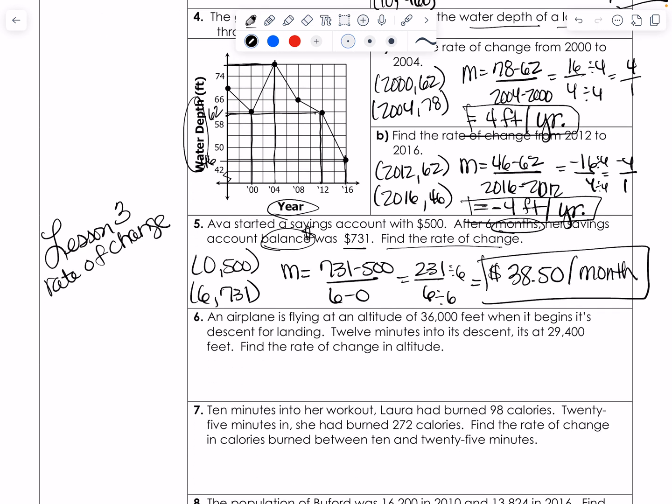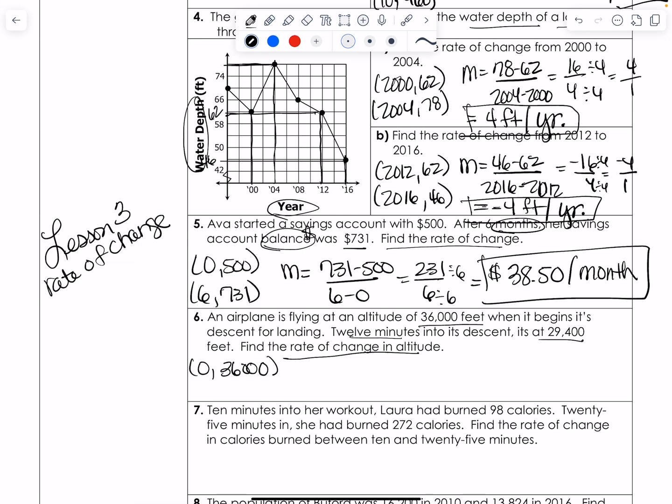Okay, an airplane is flying at an altitude of 36,000 feet when it begins its descent. 12 minutes into the descent is 29,400 feet. What is the rate of change in the altitude? So we're trying to find the rate of change in altitude. When we start at 0 minutes, it was 36,000.